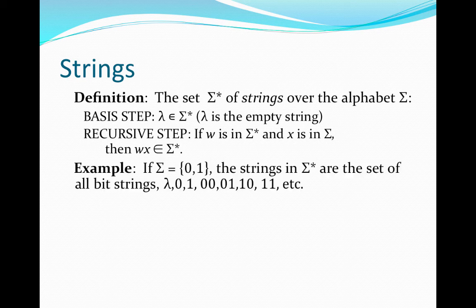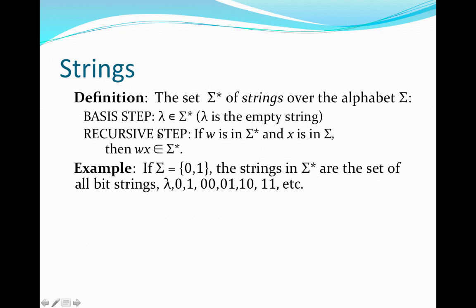So what does this look like? Let's look at a usual example of bit strings. Our alphabet is simply the set of bits 0 and 1, and the strings are formed recursively according to this definition above.